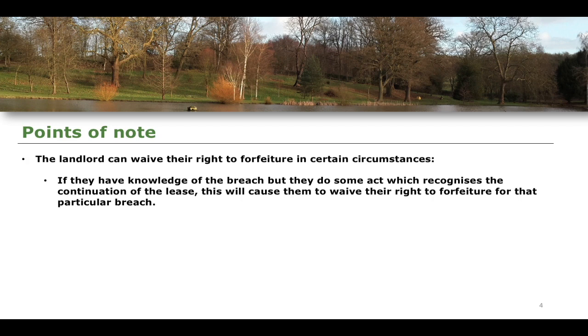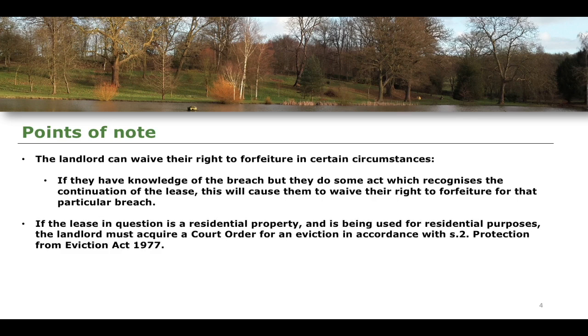Theoretically, the point of forfeiture is that as soon as a breach of a covenant which merits forfeiture takes place, the leasehold has been terminated. So if they know about a breach of a covenant and they recognise that the lease still exists and continues to exist, then that represents a lack of termination by forfeiture.